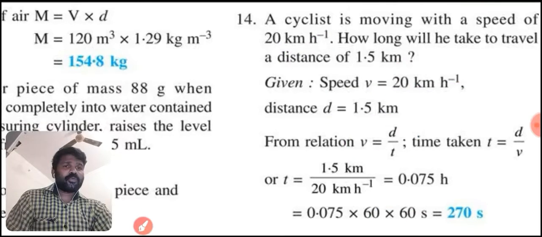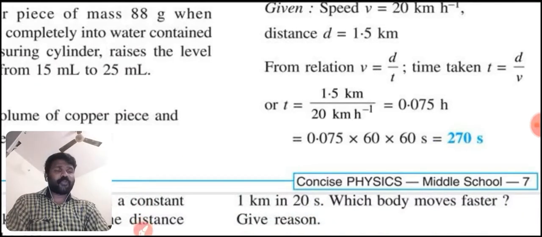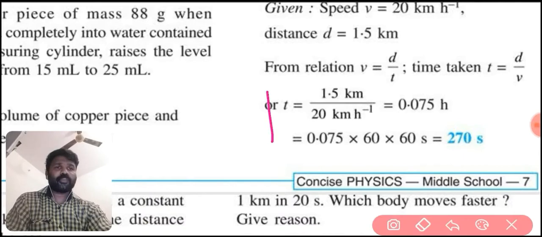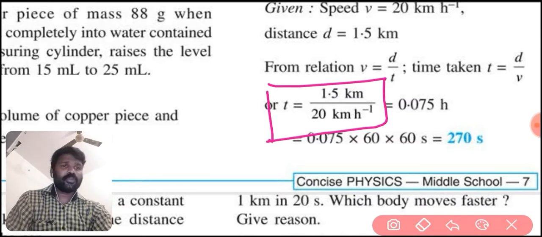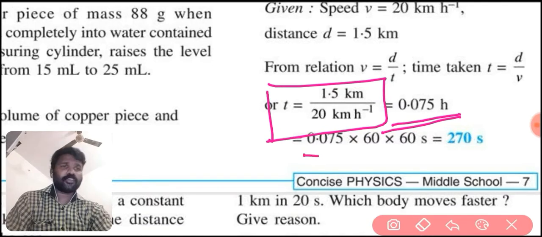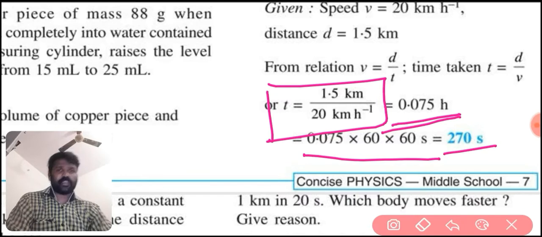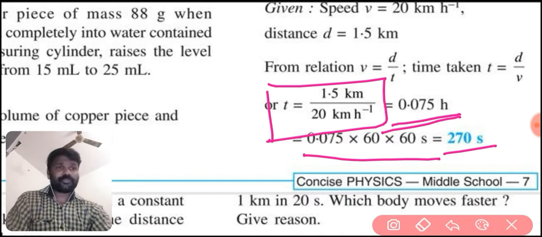Now t is equal to 1.5 kilometer, that is already given, upon 20 kilometer per hour, that is equal to 0.075 hour. That can be converted into seconds: 0.075 multiplied by 60 into 60 seconds, that is equal to 270 seconds. You know the calculation now? Okay, very good.